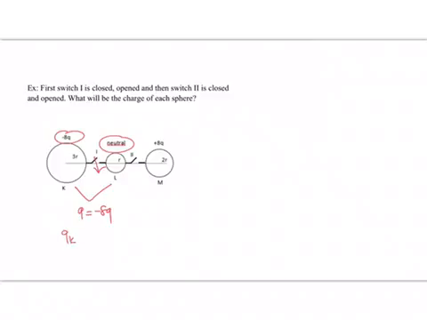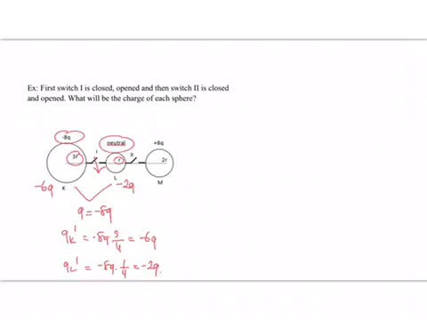So K will take 3 over 4 of the total charge, which is equal to minus 6q, and L will take the rest of it, which is 1/4 of the total charge, minus 2q. Now L has minus 2q charge and K has minus 6q charge.